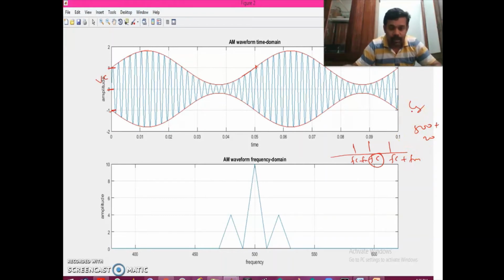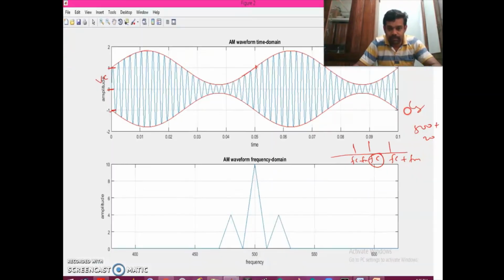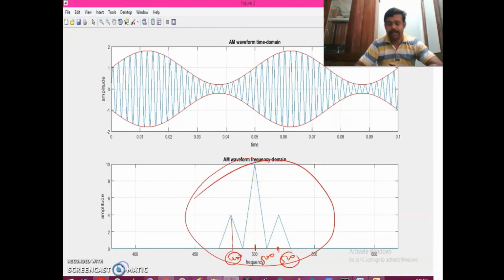Okay, so you check whether you are getting this 500, this 520, and this 480. So we are getting the spectrum.